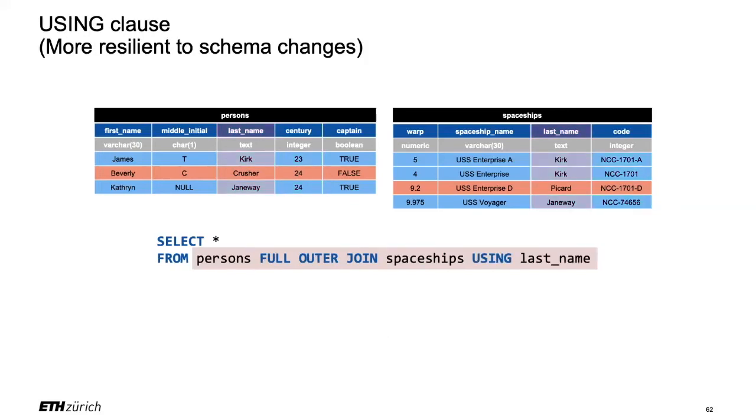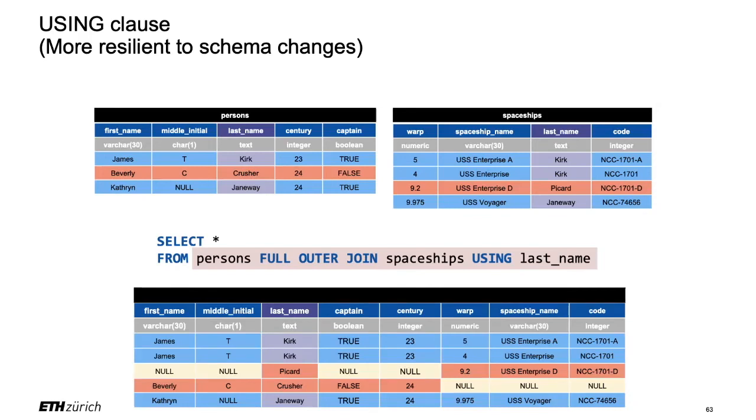In that case, for the lazy, there is the USING construct. You can say persons full outer join spaceships using last name, and you specify the attributes you want to match. This is a theta join, but instead of writing explicitly the entire predicate, you're just saying the attributes that you want to use.